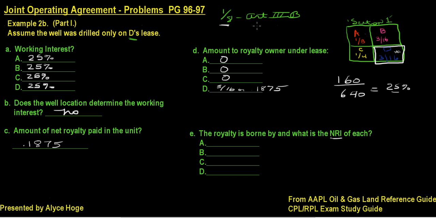That is up to 1/8. So up to 1/8, we're all responsible for our share of that fraction. Anything over that is borne by the person who brought the excess royalty lease, what we call an excess royalty lease. So let's look at how this is going to work for who bears the royalty interest, and what is their net revenue interest.